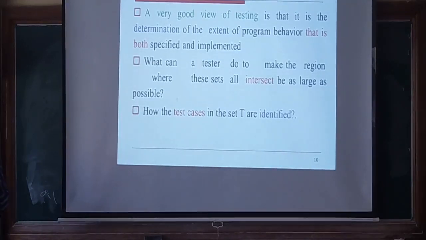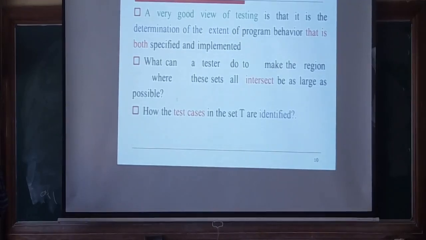So to find the insight from the Venn diagram, to understand the testing mechanism, a very good view of testing is that it is the determination of the extent of program behavior that is both specified and implemented. Okay. What can a tester do to make the regions where these sets all intersect as large as possible?